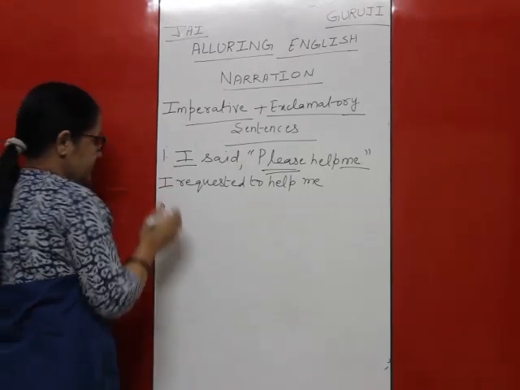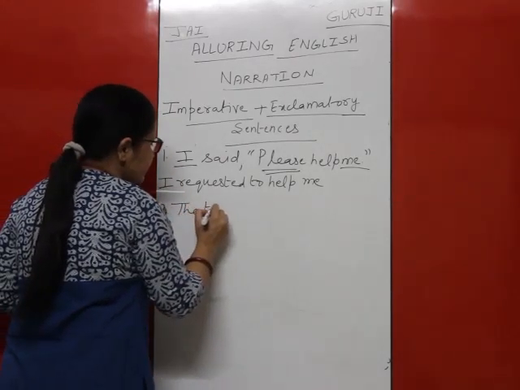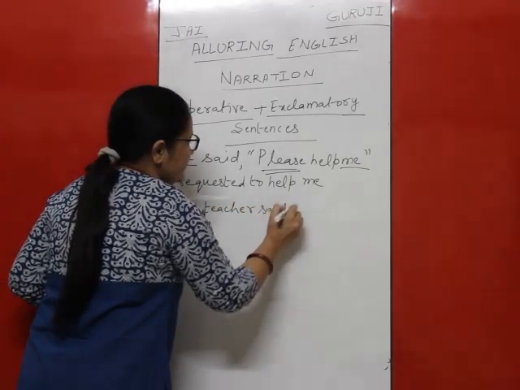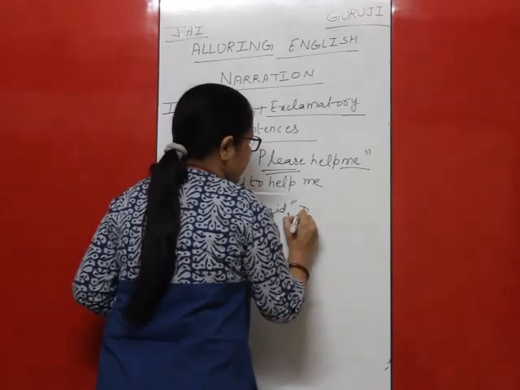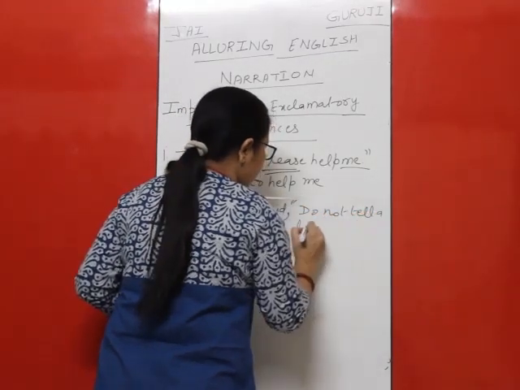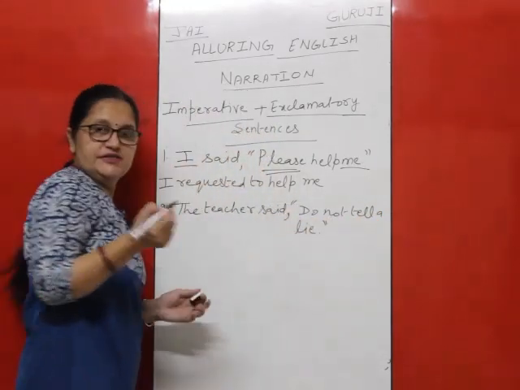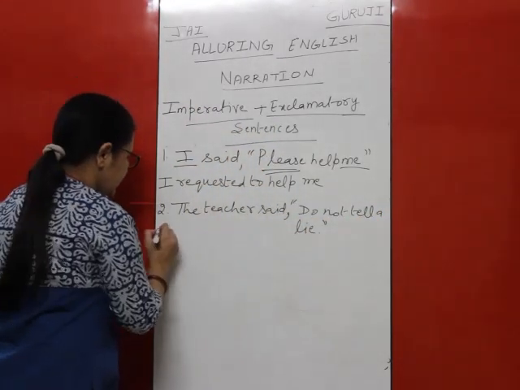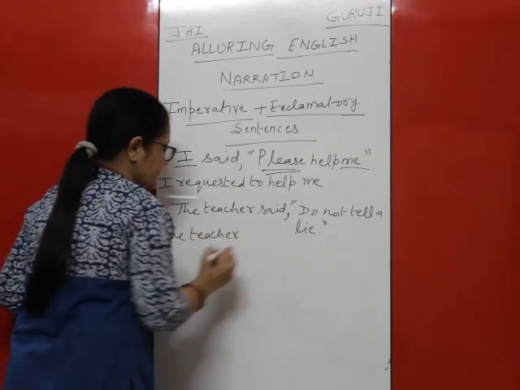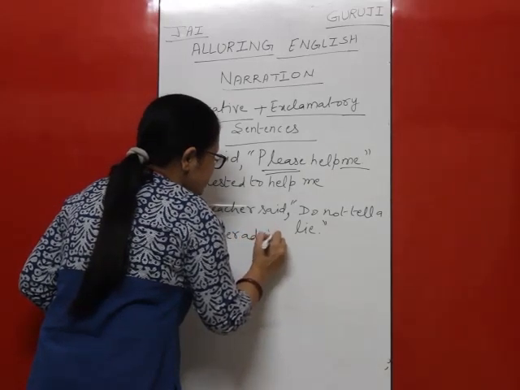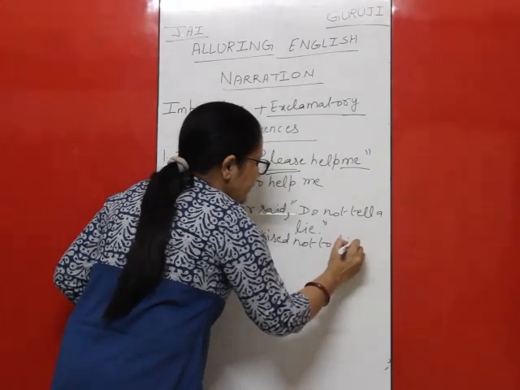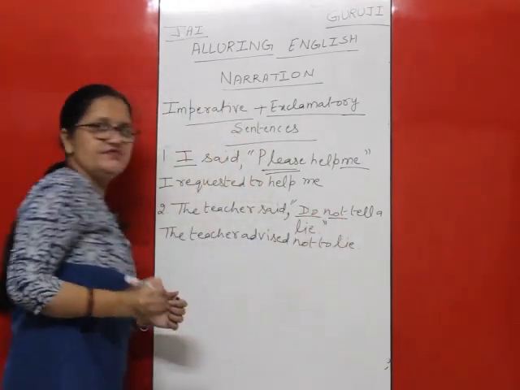Second sentence, the teacher said, inverted commas, do not tell a lie. It's an advice. So here I'll be converting my sentence. The teacher advised not to lie because it is a negative sentence.